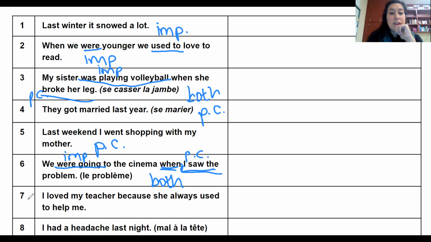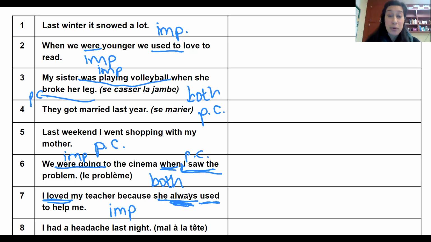Numéro 7. I loved my teacher because she always used to help me. What a great teacher. Is imparfait. I would put both of those. This is an emotion. You know, I loved my teacher, and then she always, anything that's always is going to be imparfait. Used to. It's definitely imparfait. Okay, last one, numéro 8. I had a headache last night. I think this is probably the hardest one.